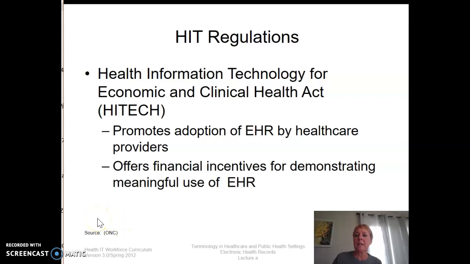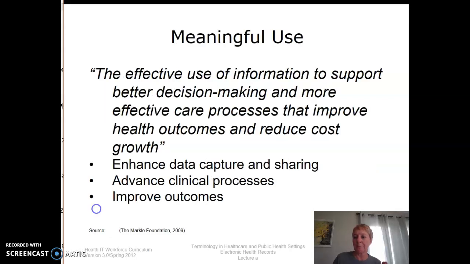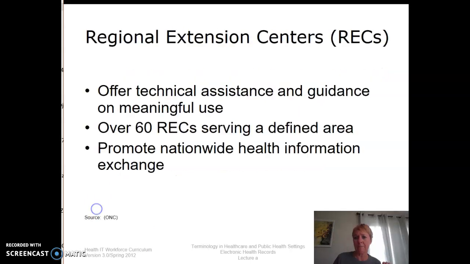So what it did, it promoted adoption of the electronic health record by providers, and how they did that was they provided incentives called meaningful use. So meaningful use was that method, the use of information to support decision-making and more effective care processes to improve outcomes and reduce cost.